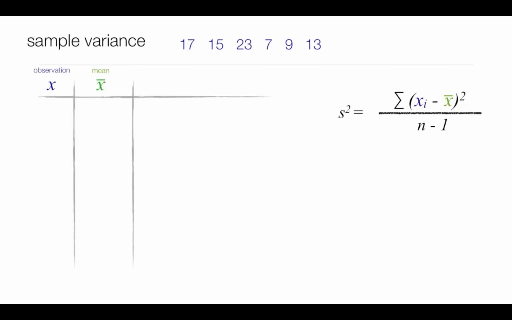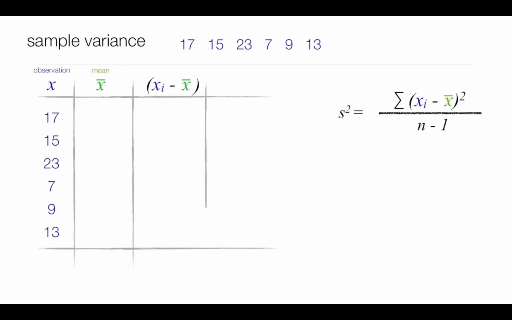Now I'll just put in all the observations, and that's the same as above, and a line. And I'm going to put a couple more column headings in, and I'll tell you what those mean as we fill them in. But just go ahead and write them in now. And that's the observation minus the mean squared. So I need to calculate the mean, and that's equal to the sum of all my observations divided by the number of observations.